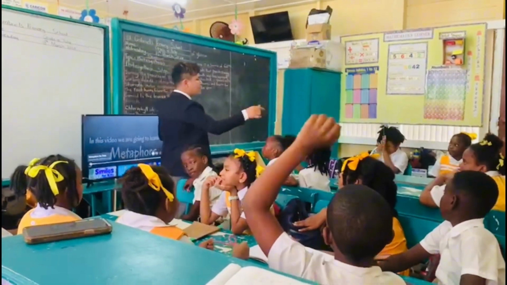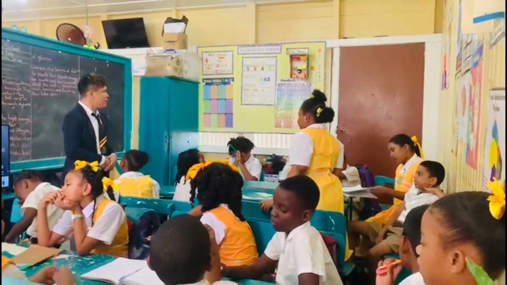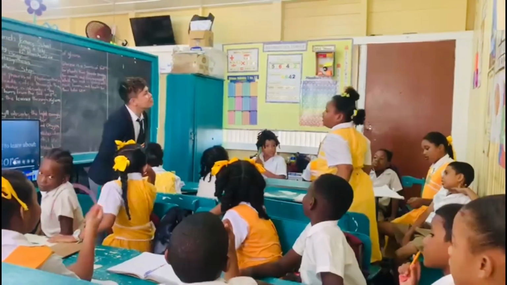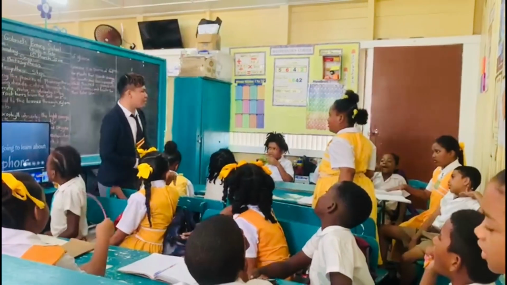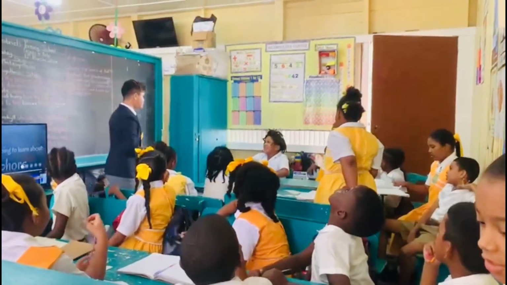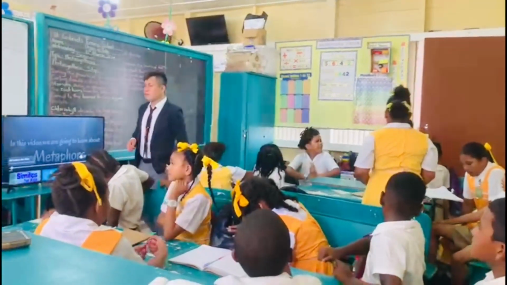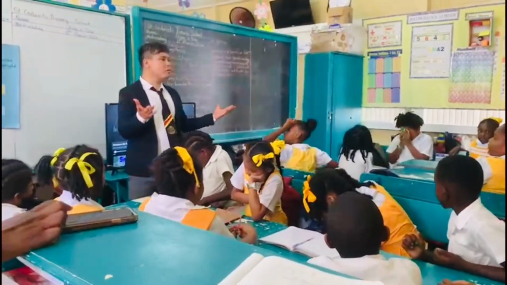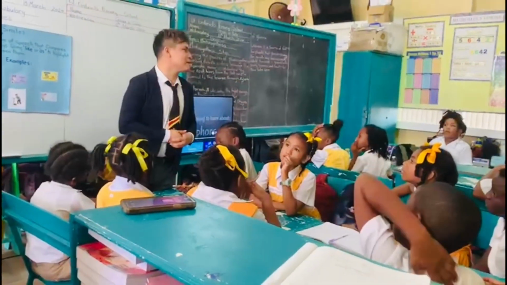Let me hear from Ashley. No, you have to speak up. Okay. Good. So, now that we know what a simile is again, I want to hear from you. What is a simile?